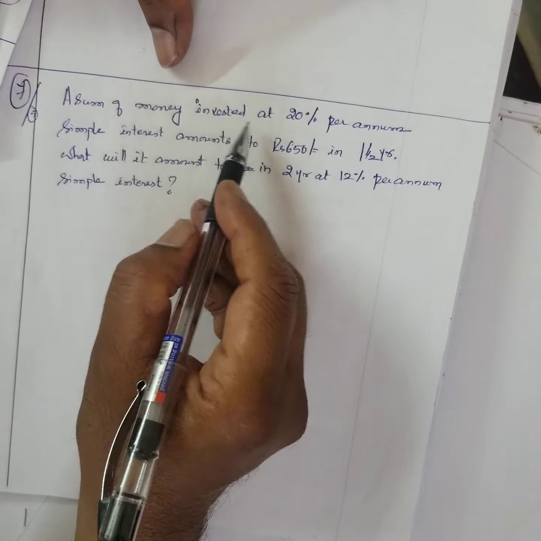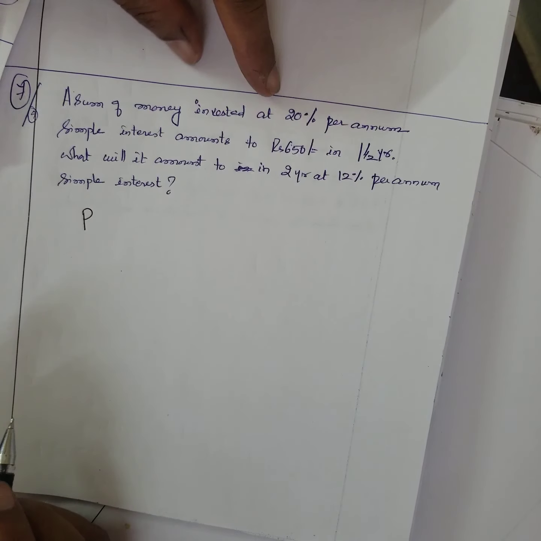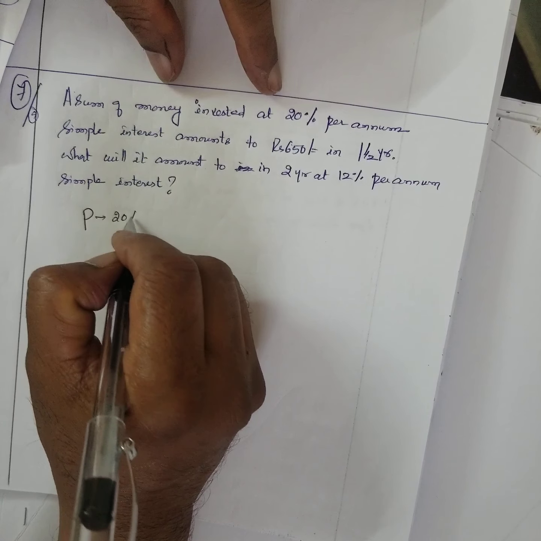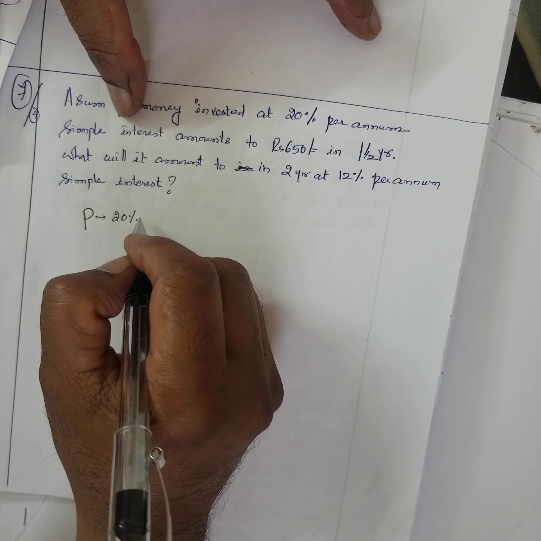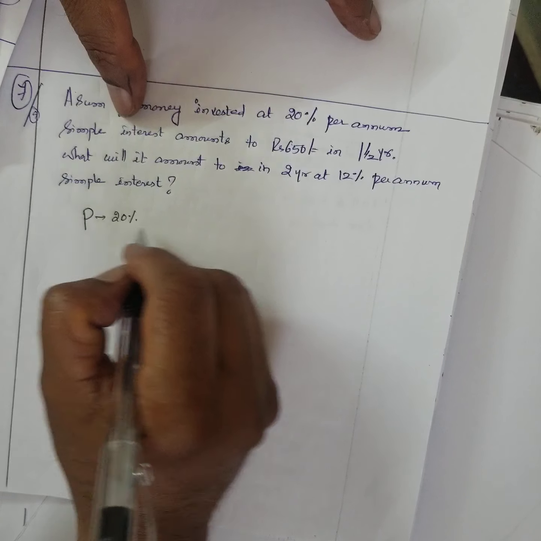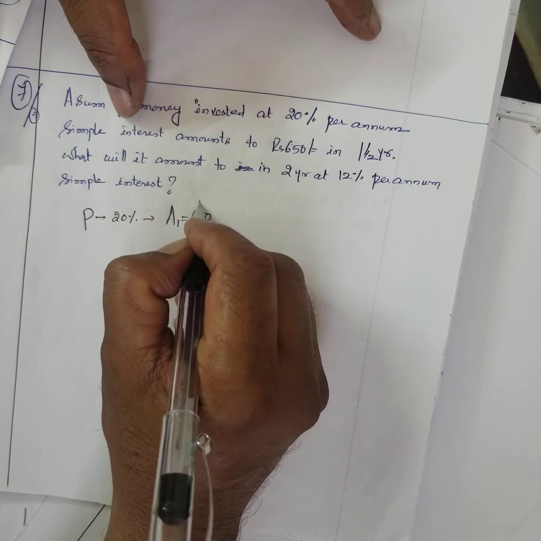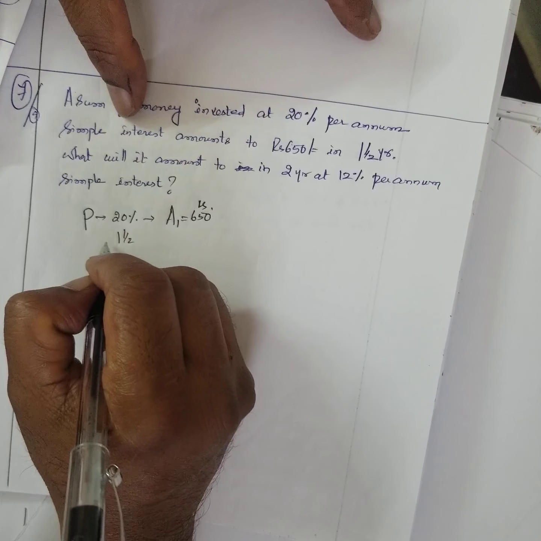See, now a sum of money invested. Sum P is the sum of money invested at the rate of 20% of simple interest. Amounts, then what is the amount you are getting? The amount is 650 rupees. What is the time? 1.5 years.